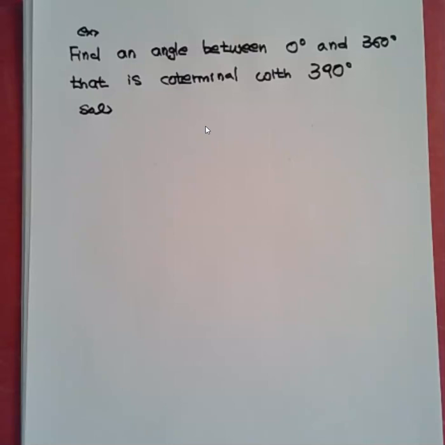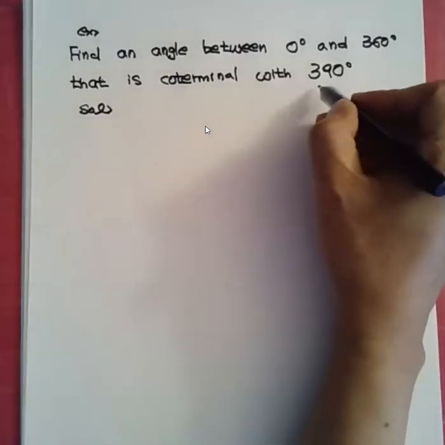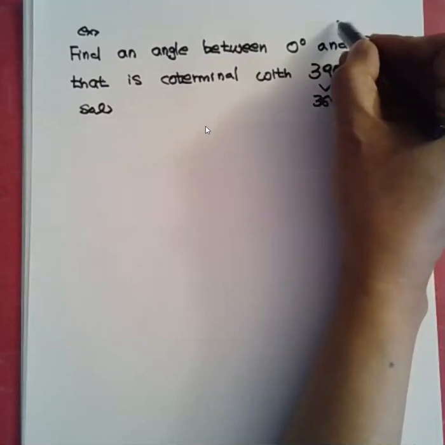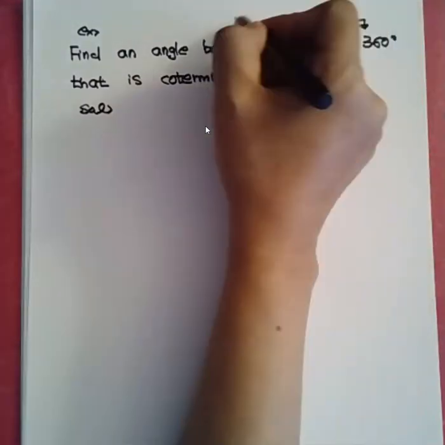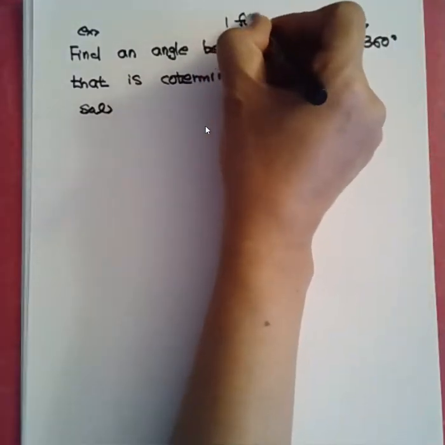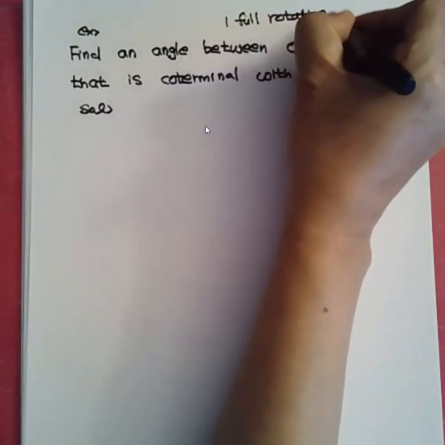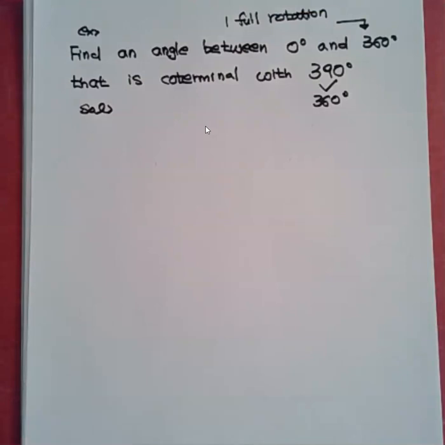The first thing you can notice here is that the angle 390 degrees is pretty big. That is more than 360 degrees. What we know is 360 degrees is one full counterclockwise rotation, so maybe the angle rotated more than once.